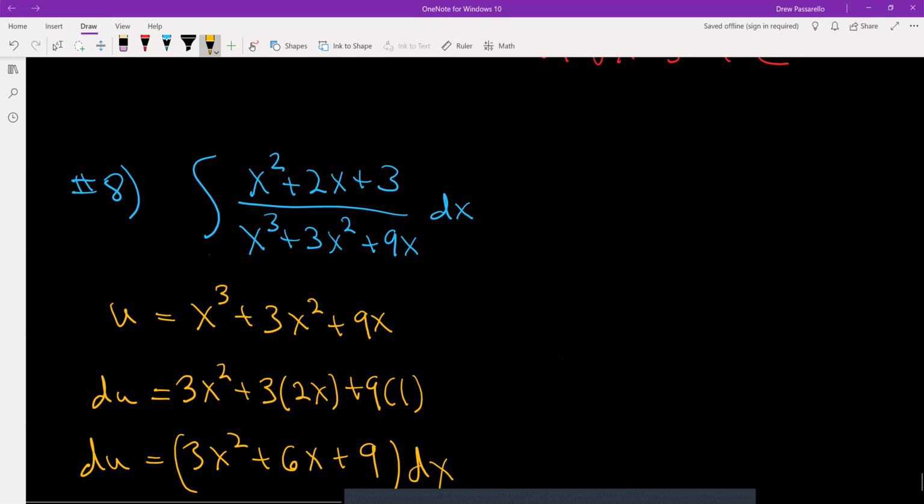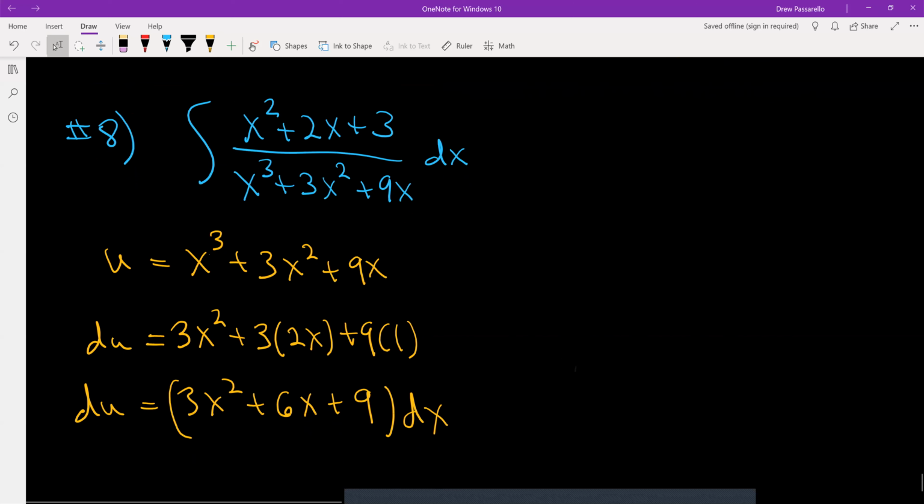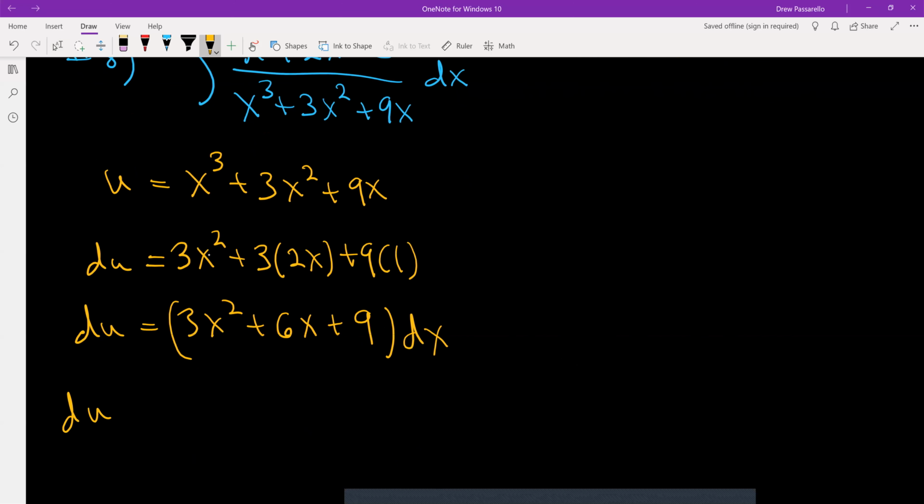Now that's not exactly what I have in the integral, because I have x squared plus 2x plus 3. But for 3x squared and 6x plus 9, I could factor out a 3. And if I factor out a 3, that will give me x squared plus 2x plus 3, and then dx.